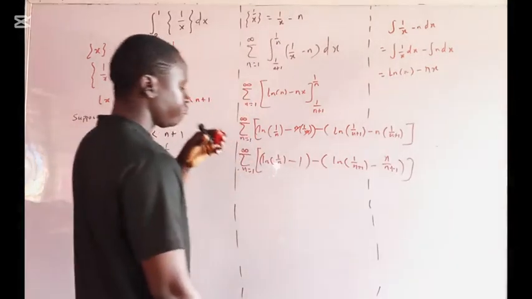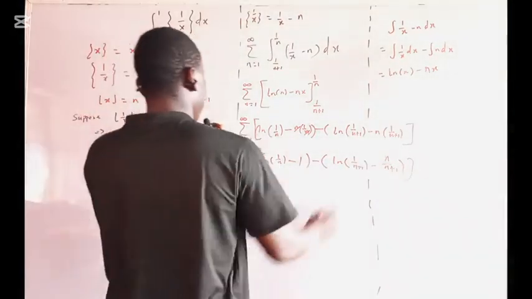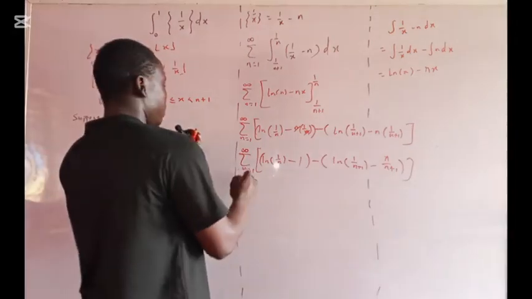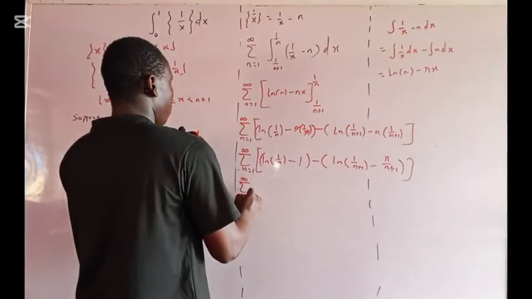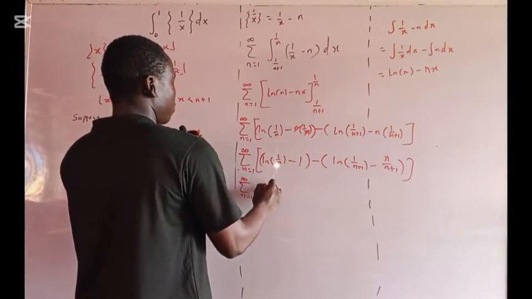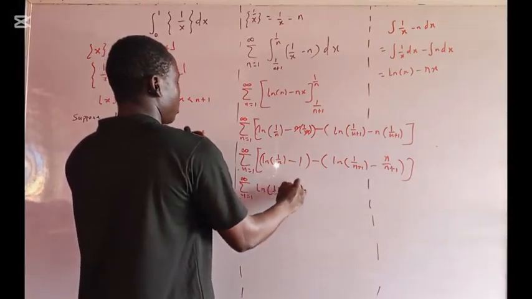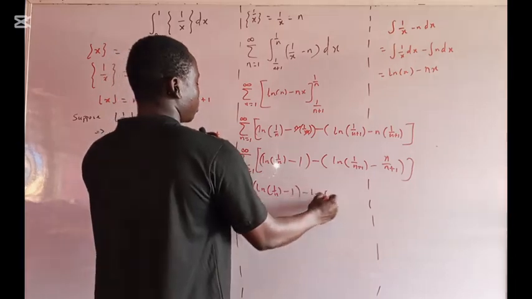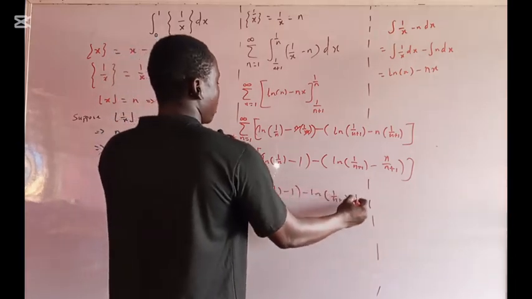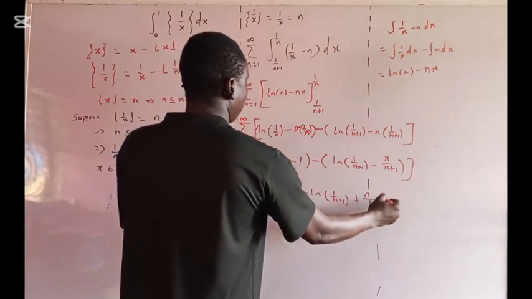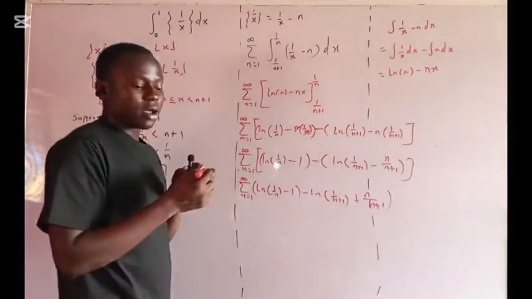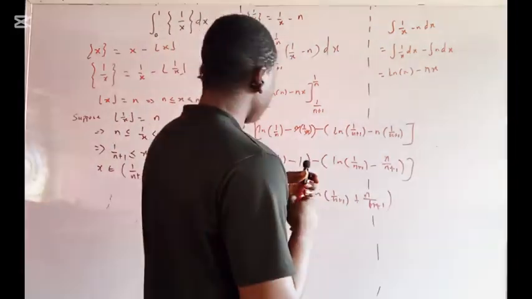That's good. So we can open the bracket right here. So we open the brackets, so we're going to have sum of n from 1 to infinity of natural log of 1 over n minus 1, then minus natural log of 1 over n plus 1, plus n over n plus 1.